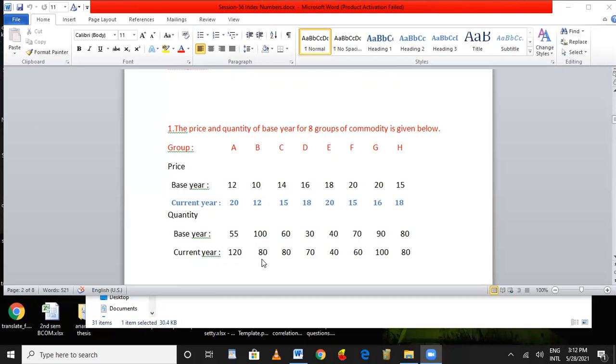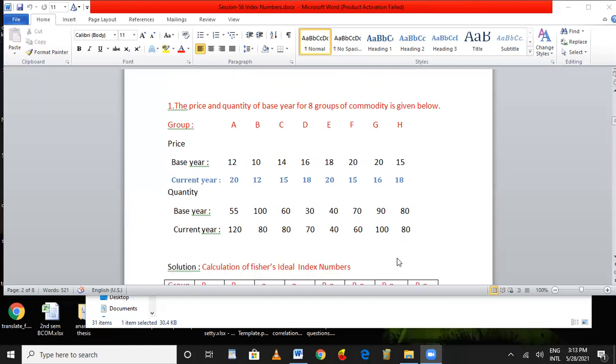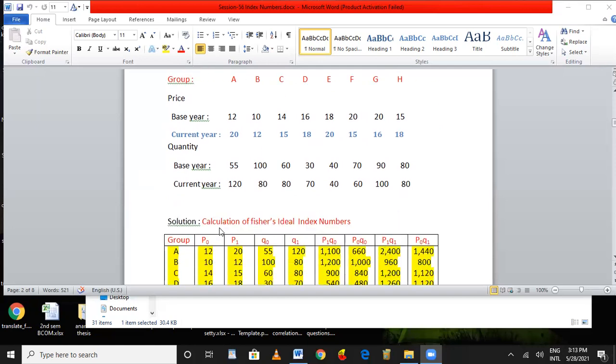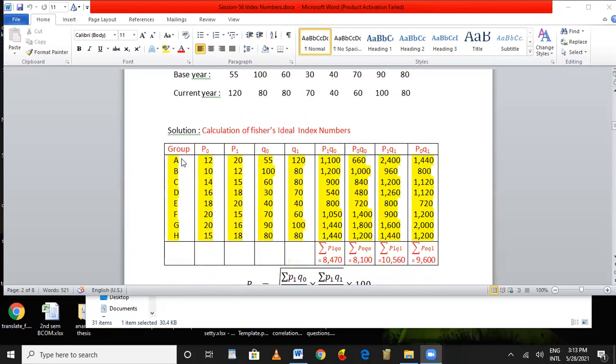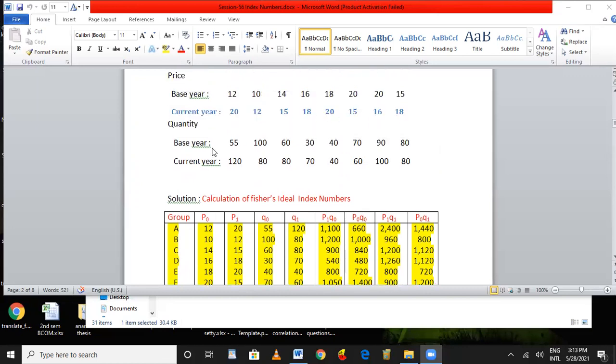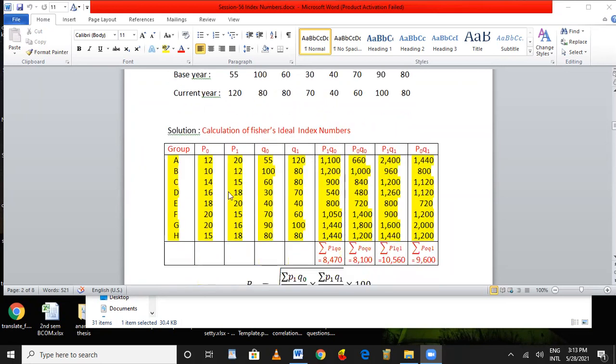Current year quantity: 120, 80, 80, 70, 40, 40, 60, 100, 80. The heading is the calculation of Fisher's ideal index number. Groups A to H have been given. Then the prices for the different groups: the base year prices are 12, 10, 14, 16, 18, 20, 20, 15.